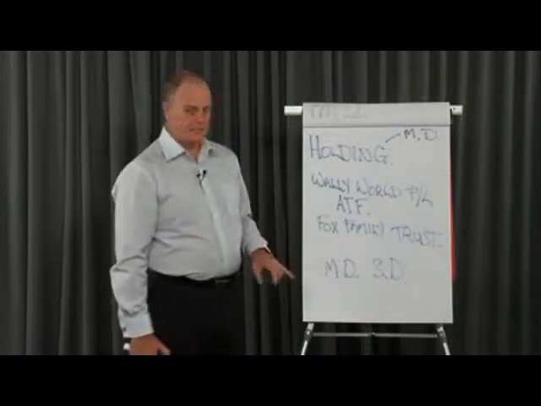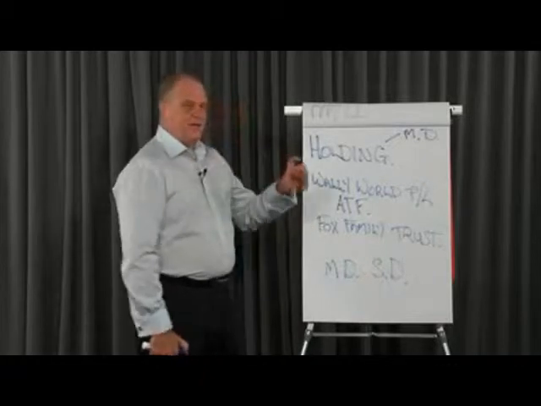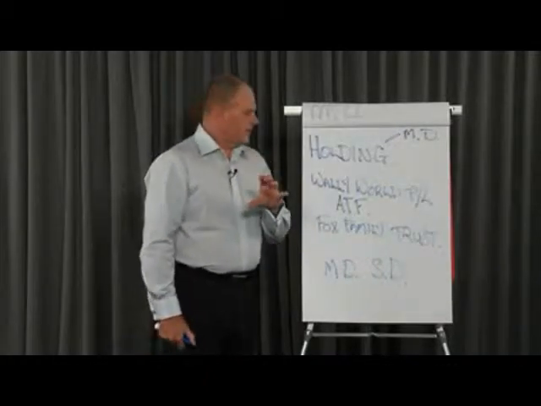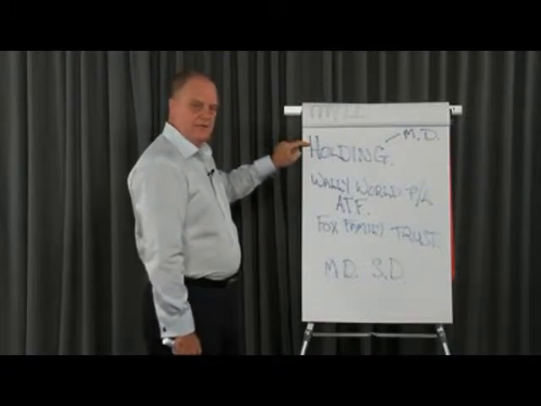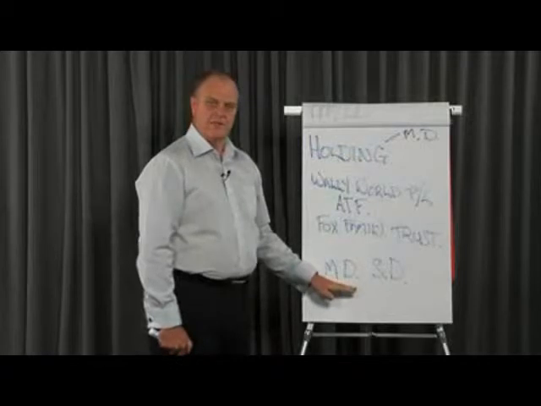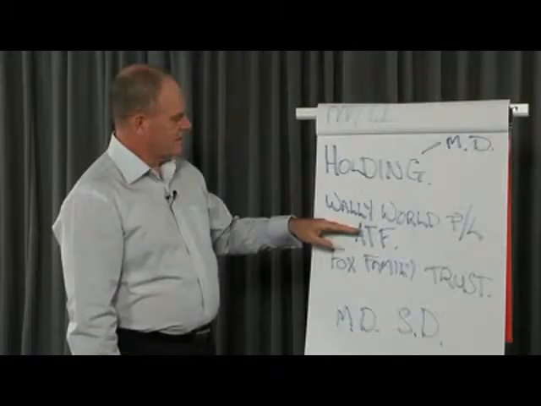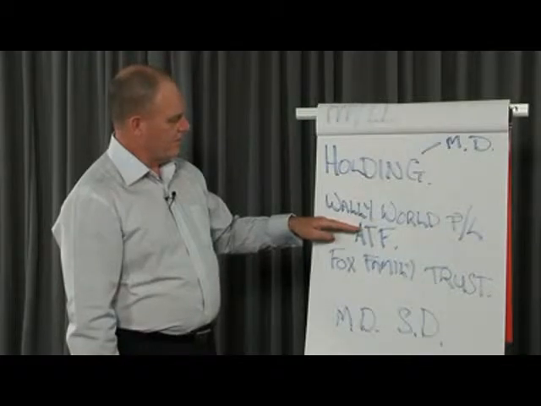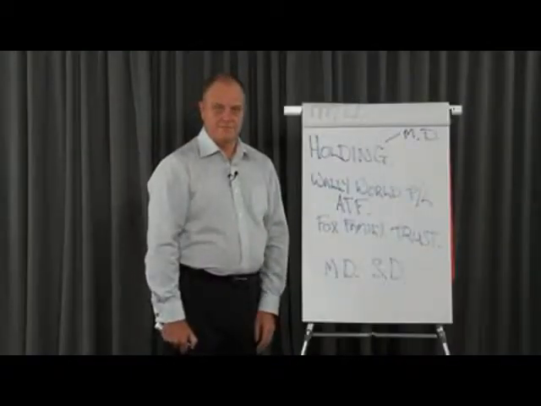And the beneficiaries are mum and dad and son and daughter. Now, under that discretionary trust structure, the directors of the holding company decide how the income is distributed. So mum and dad, the directors, decide how Wally World and the Fox Family Trust distribute that income.